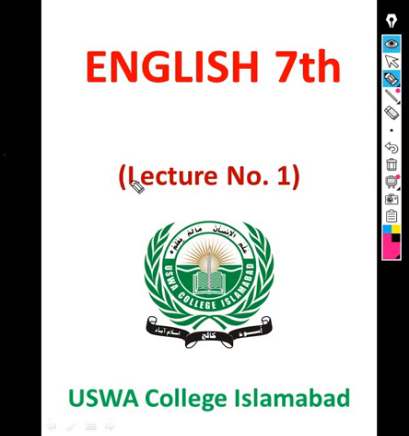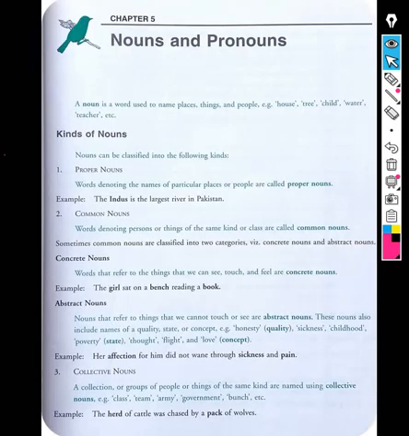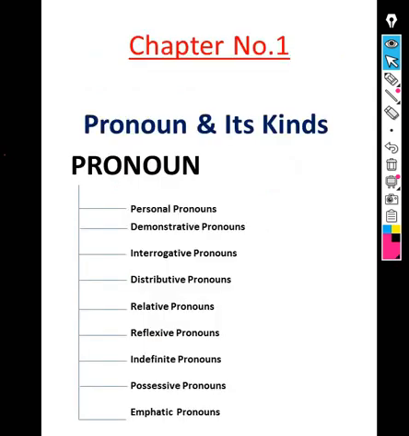We are studying the first chapter, the first lesson from the grammar tree. Earlier we discussed noun and its kinds. Now we are going to start pronouns and its kinds.